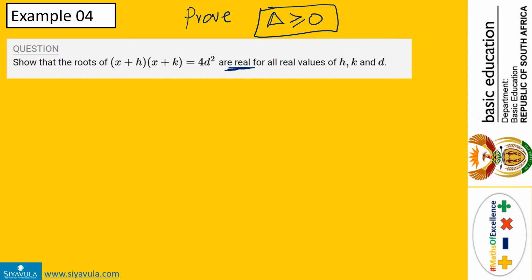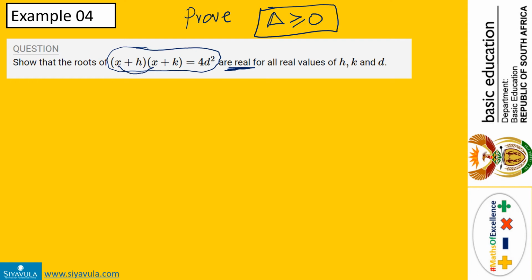So we know that before calculating delta, we have to ensure that our quadratic equation is in the standard form, ax² + bx + c being equated to 0. So first we are going to rewrite or simplify this equation so that it is in the standard quadratic form. Let us do that.